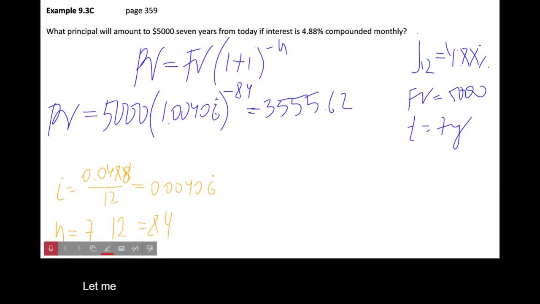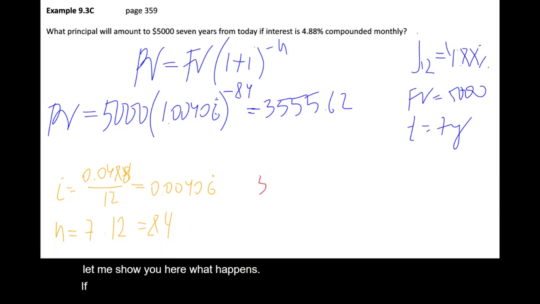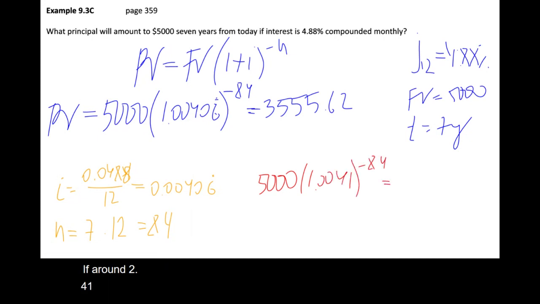Let me show you what happens if I round to 41. I will have $3,545.72. So a $10 difference.